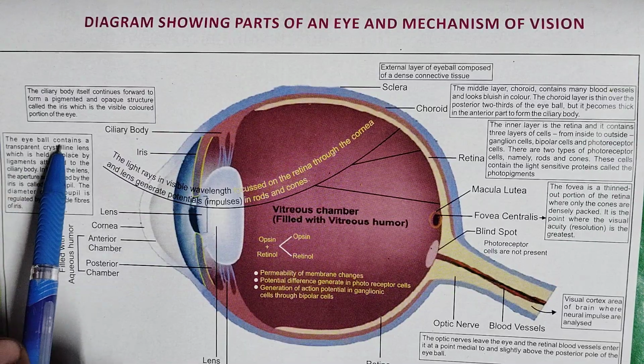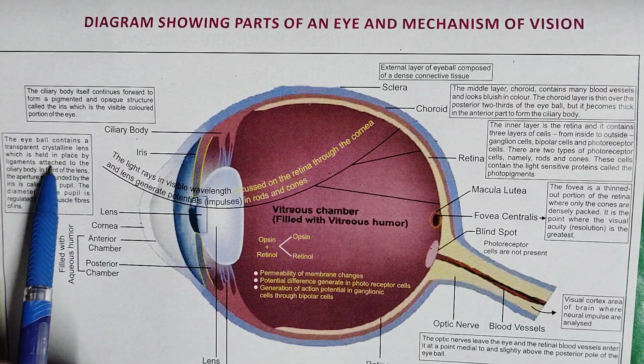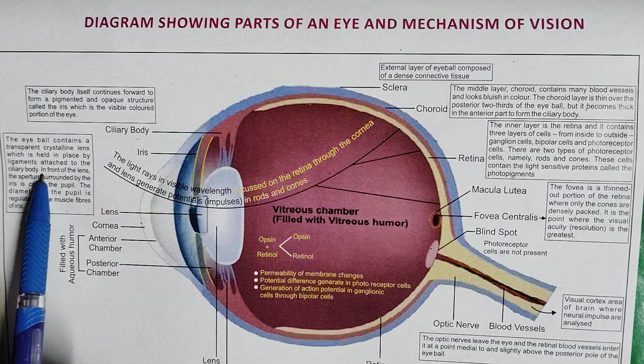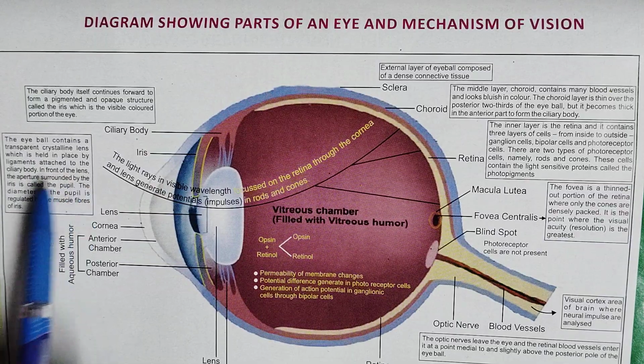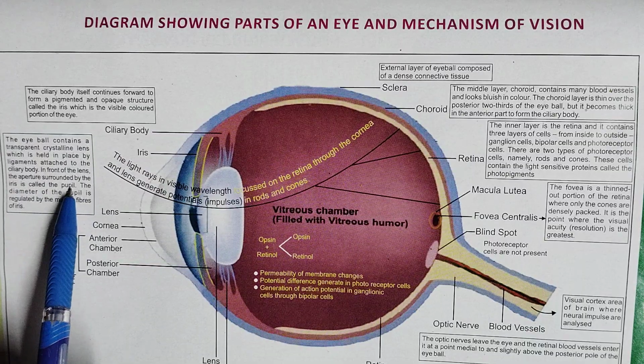The eyeball contains a transparent crystalline lens which is held in place by ligaments attached to the ciliary body. In front of the lens, the aperture surrounded by the iris is called the pupil.